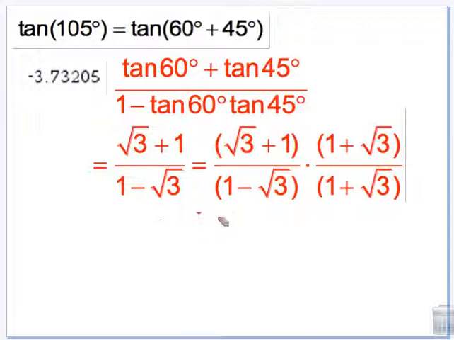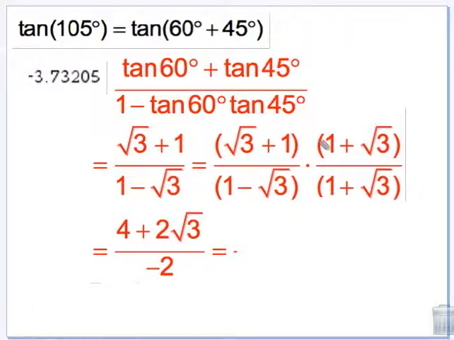Let me see. So this is what we have. Let's go ahead and FOIL this and this. When you FOIL it, you end up with square root of 3 times 1 is square root of 3.